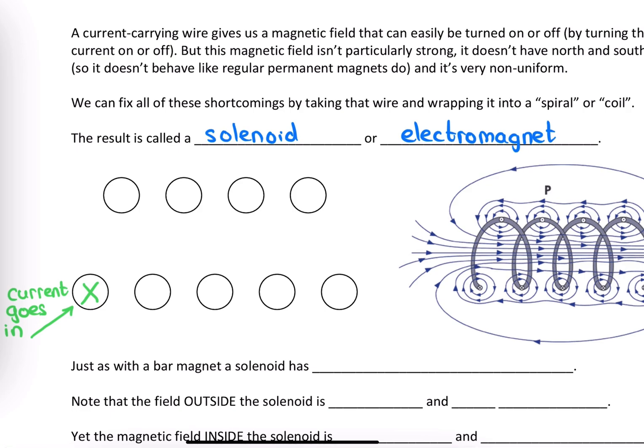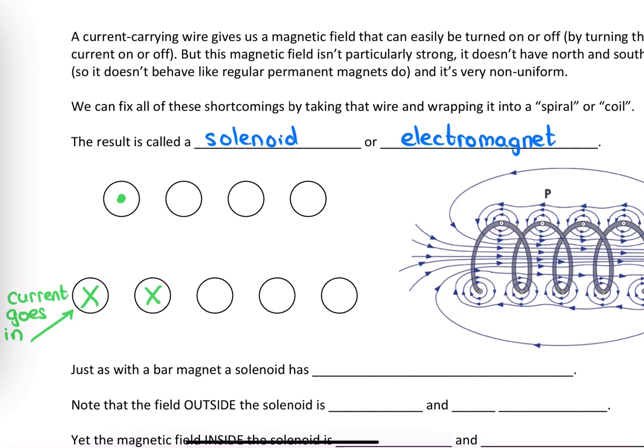Now that current heads into the wire here. It loops around, and when it gets to the top here, it's now coming out of the page. And then it continues to loop around in front of us, and when it gets to the bottom, it's going into the page again.